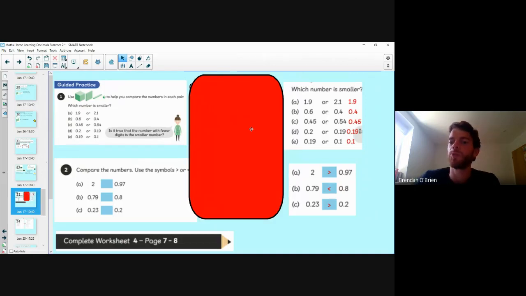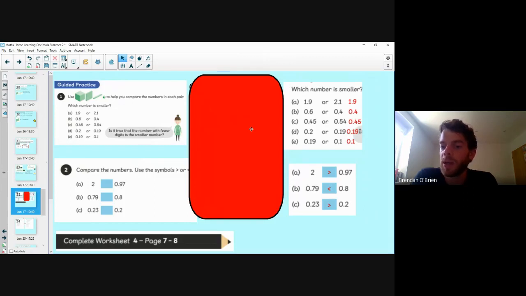Which number is smaller? Well, I think the first one is self-explanatory. We've got a 1 and a 2 in the ones column. So I think it's clear that 1.9 is the smaller one there. 0.6 or 0.4, the smaller value is 0.4. 0.45 or 0.54, we already did that one. 0.45 is the smaller value. 0.2 or 0.19. 0.19 is the smaller value. 0.19 or 0.1, well, 0.1 is the smaller value there.